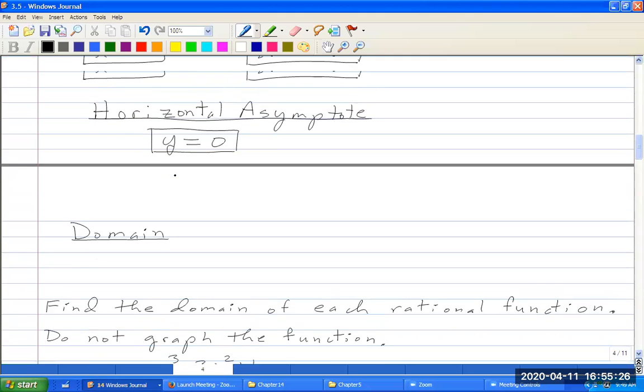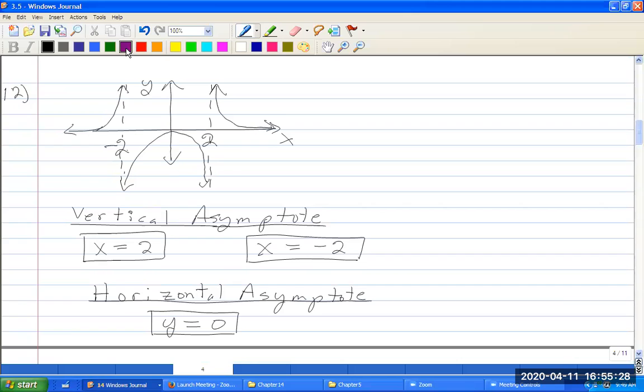Well, if I look along this x-axis, for what x values do I have a corresponding y value? Are there any x values that don't have a corresponding y value? Well, all real numbers have a corresponding y value, except when x is -2 or when x is +2, at the vertical asymptotes.